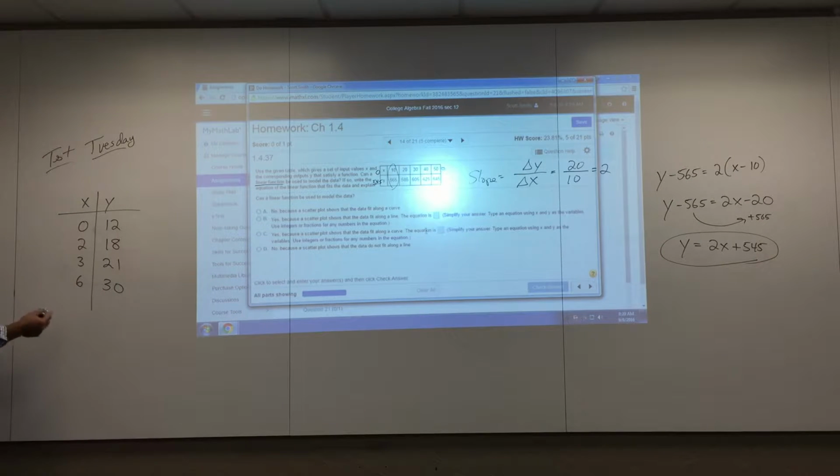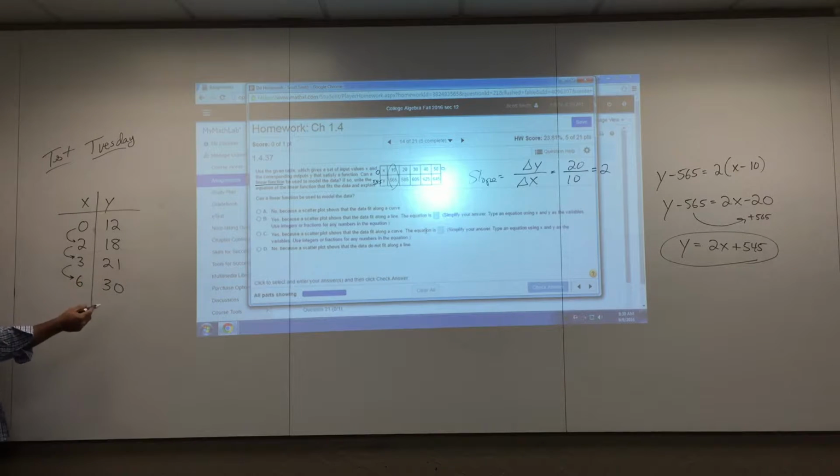I need to see if it has a constant slope or a consistent slope. That problem was nice. This one's not nice. How much does x change every time? It doesn't change the same every time. It changed 2, then it changed 1, then it changed 3.